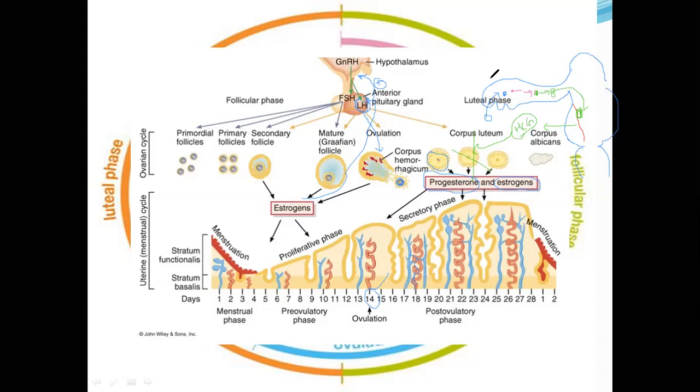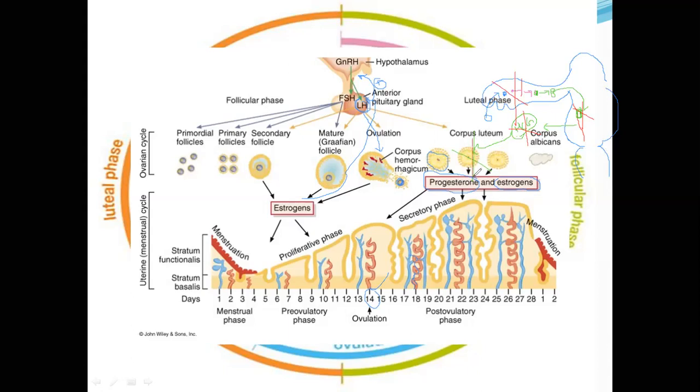Now let's suppose the sperm didn't reach the ova and no fertilization happened. So what will happen? This embryo will not reach the uterus. If it does not reach the uterus, the placenta formation will not start. If placenta formation does not start, HCG will not be produced. If HCG is not produced, there will be no indication, no stimulation for the corpus luteum to remain.